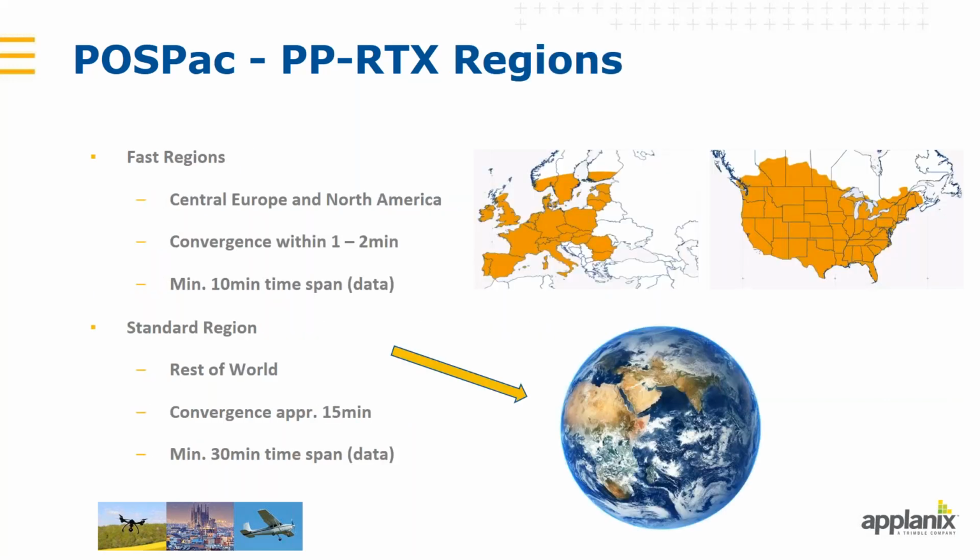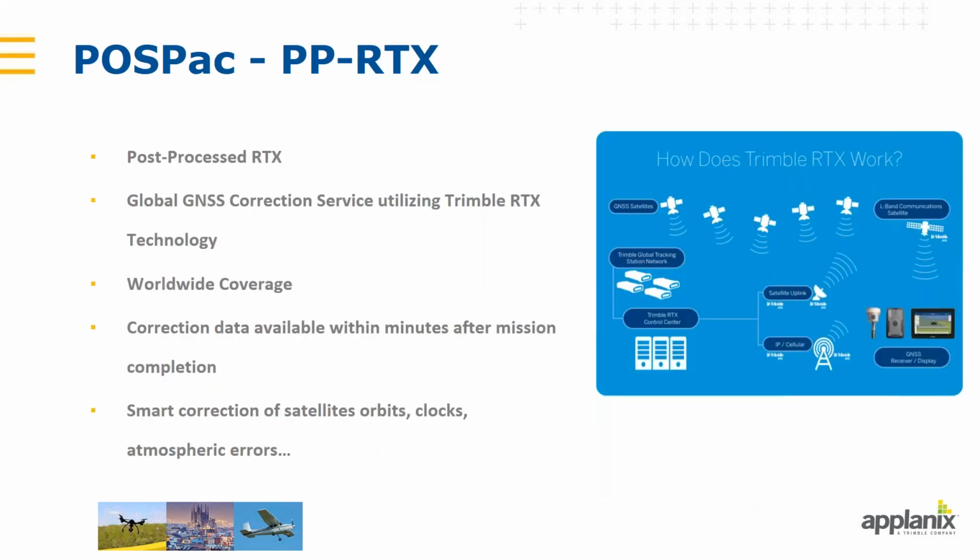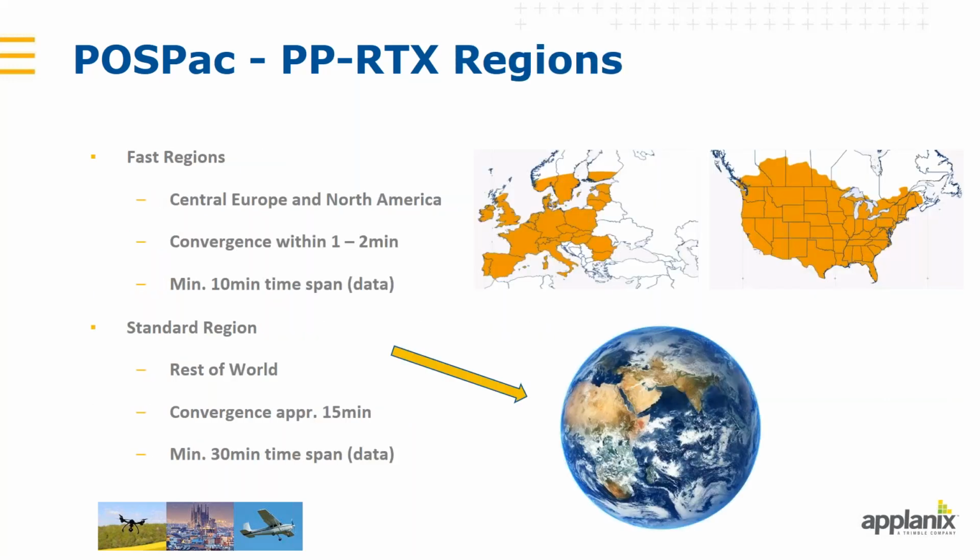PPRTX has two kinds of regions. First, the fast region, which are Central Europe and North America. Here, a regional correction model is used. Therefore, the convergence time is within 1 to 2 minutes to reach the final accuracy.